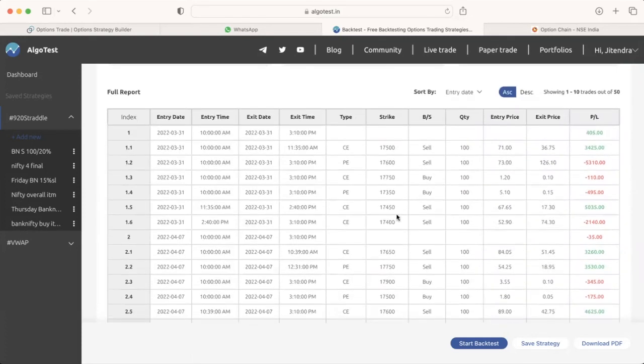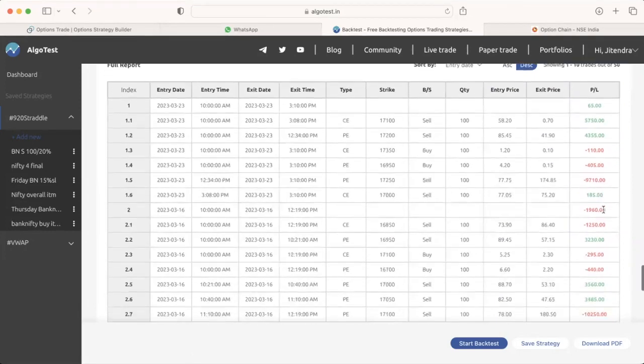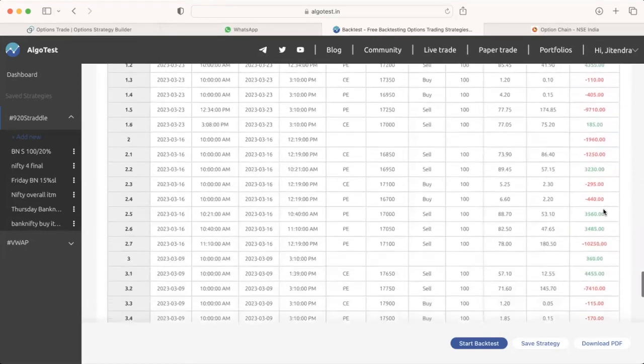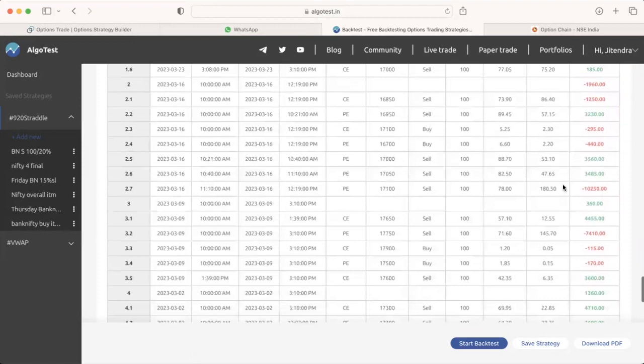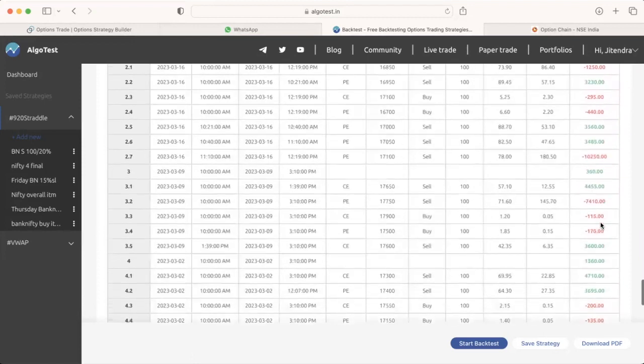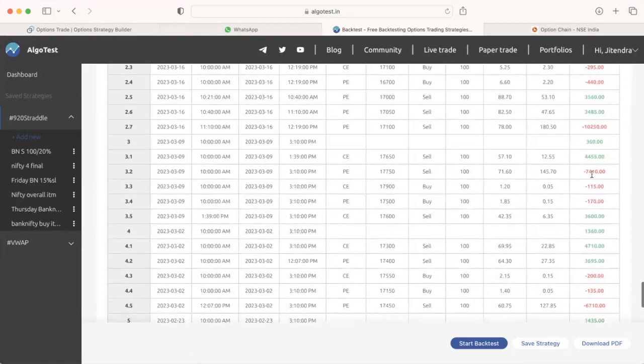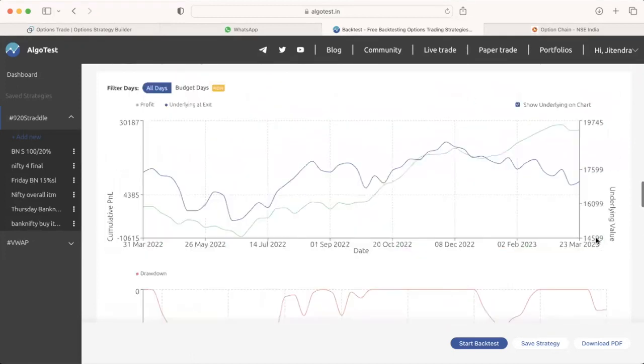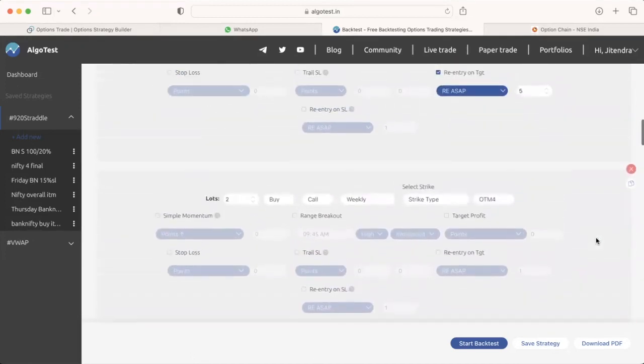Okay, we'll see what happened to earlier strategies also. So last expiry, we were not in profit. Before that also, we were not in profit. Before that also, the profit was very low. So this strategy is actually not the ideal one.